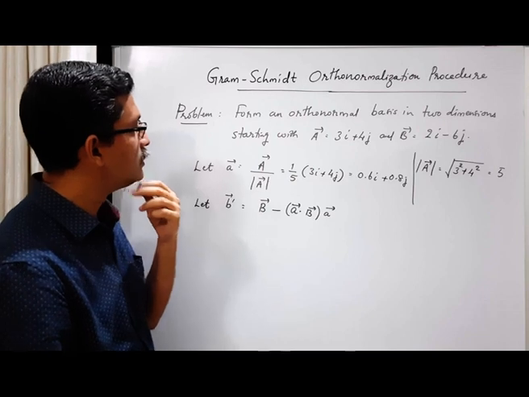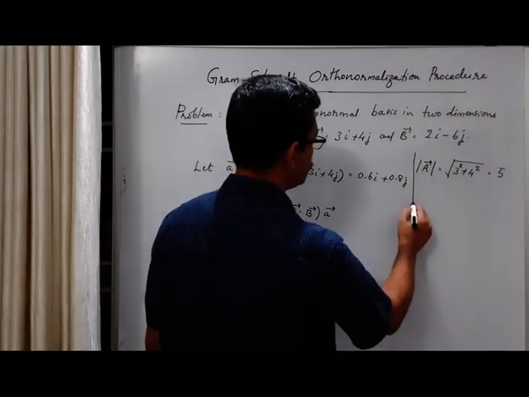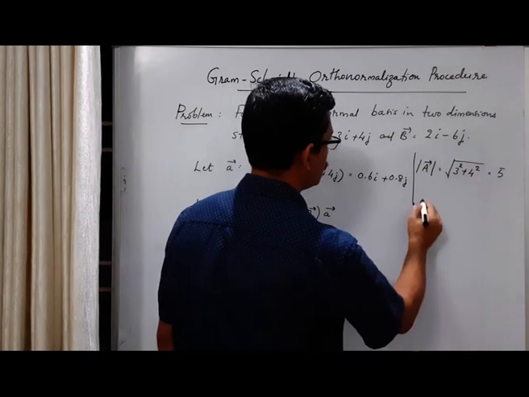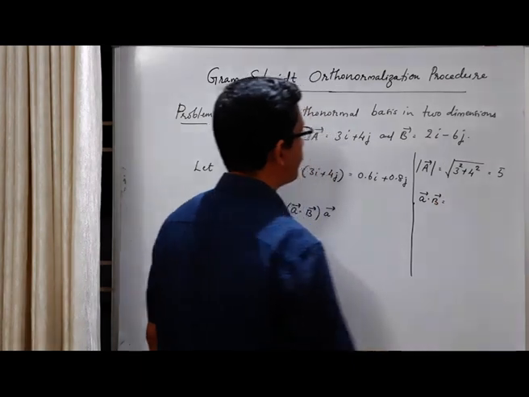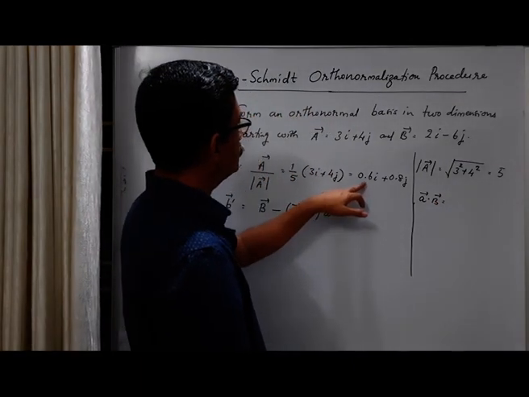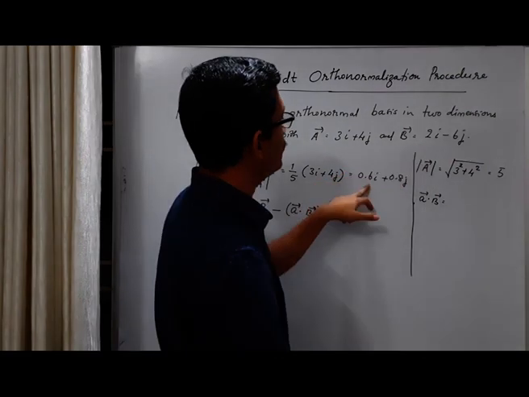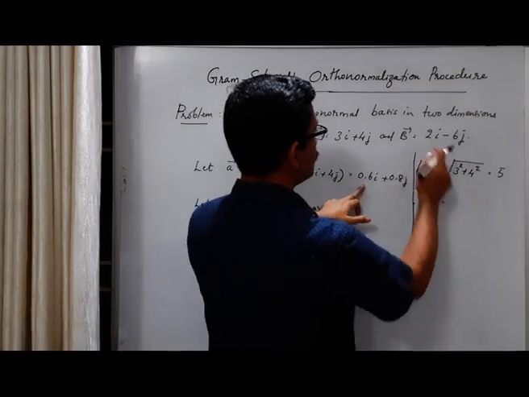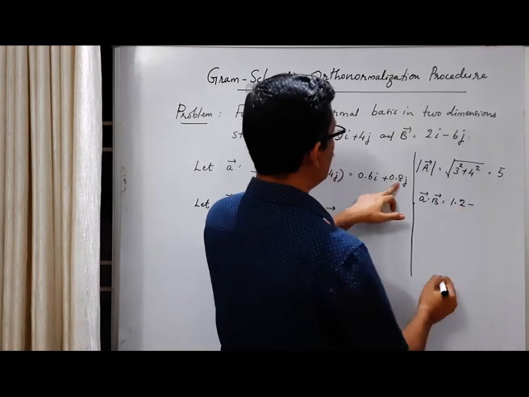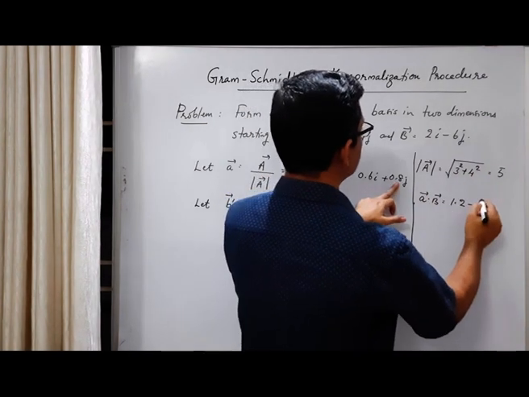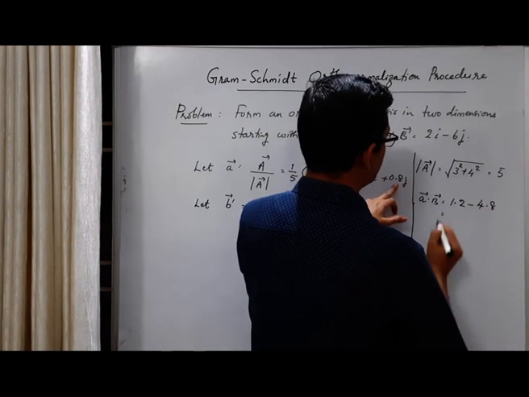So first of all, what is a dot b? This is small a, and take the dot product with this. So we get 0.6 into 2, which is 1.2, minus 0.8 into 6, which is 4.8.